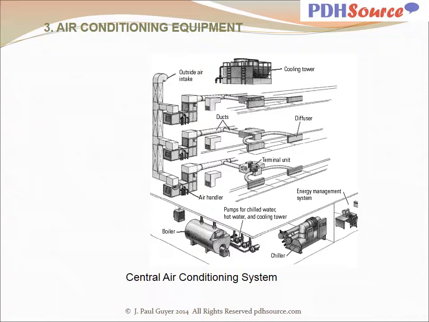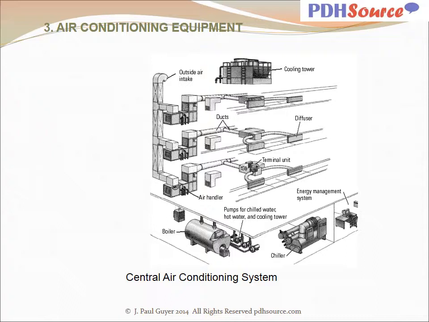The portion exhausted is replaced by an equivalent quantity of outside air that is brought in, and that's your ventilation air coming in. That combination of return air plus outside air is then pushed through the chilled water coil, and that is how you are heating and cooling the different floors of this building.